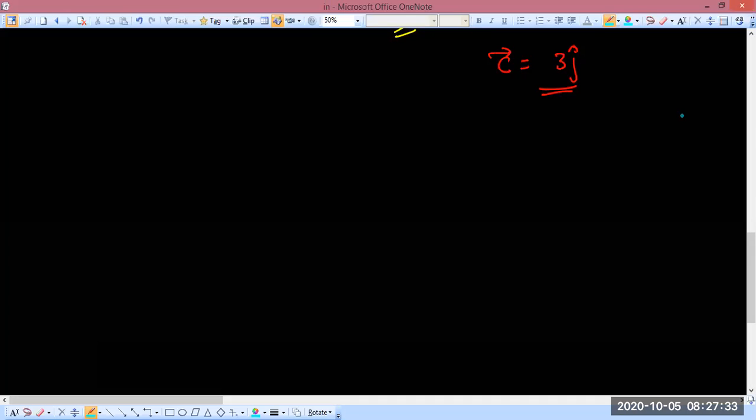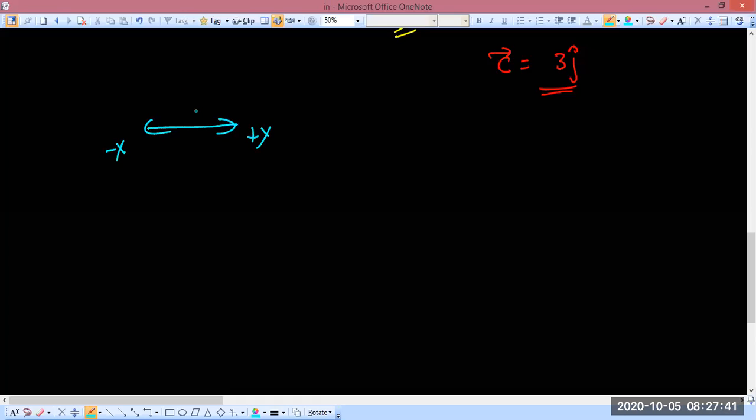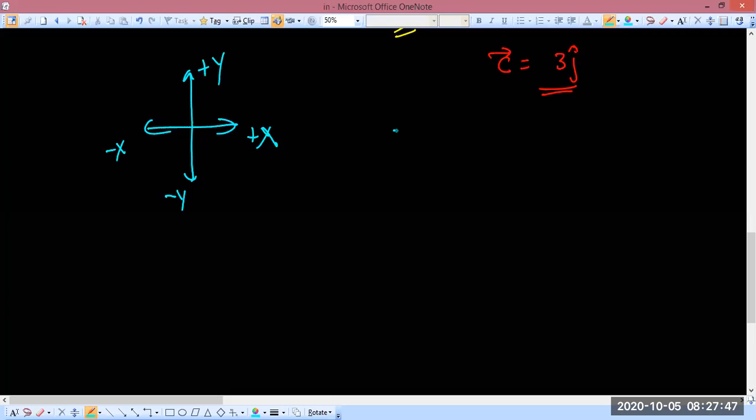Yes, j, it was j caret. Everyone just keep a simple idea in mind. This diagram should be in your mind, it should appear in your dreams. Is that clear? And equivalent to this, on x axis you have I caret and on y axis you have j caret.